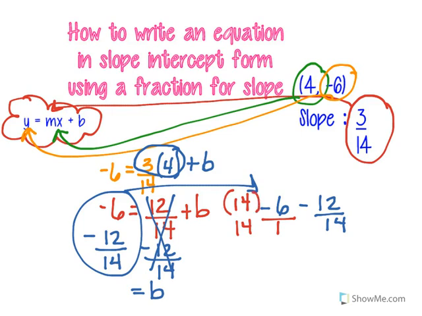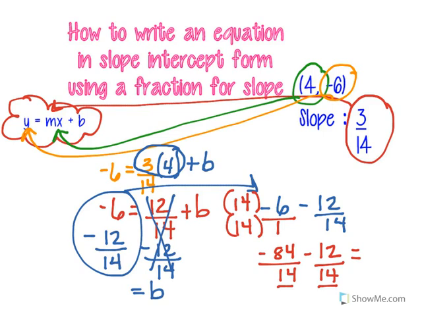So I'm going to multiply the numerator and the denominator by 14. So I'll do 14 times -6, which equals -84, and then 14 times 1, which equals 14. And now I can subtract my fractions because I have a common denominator. They're both 14 at the bottom.